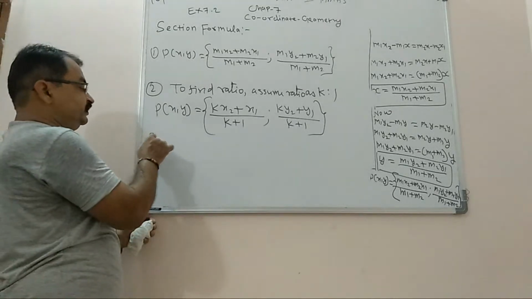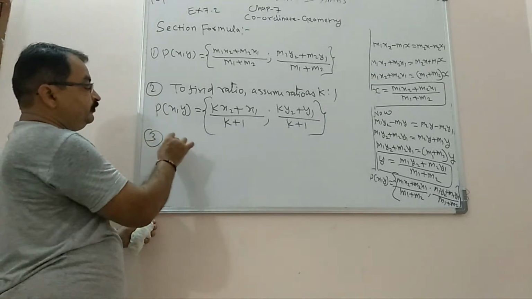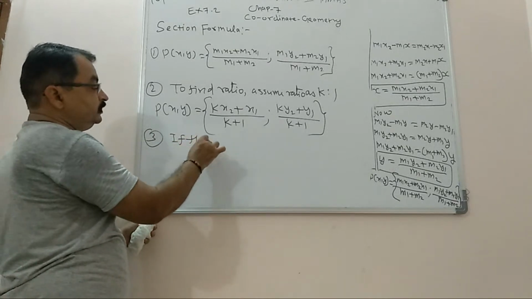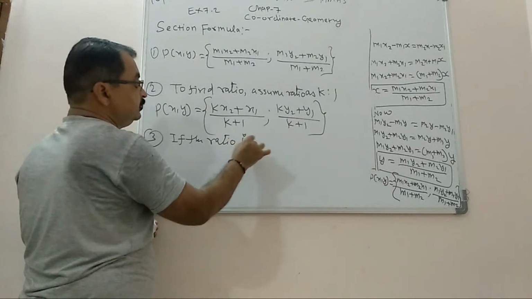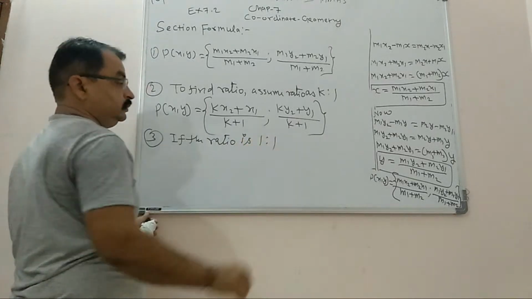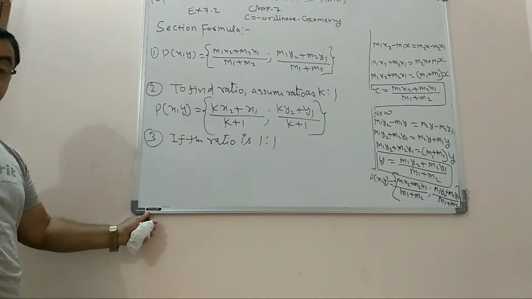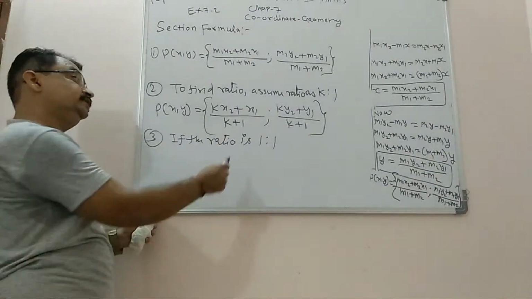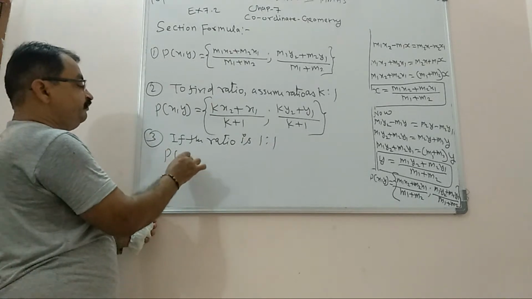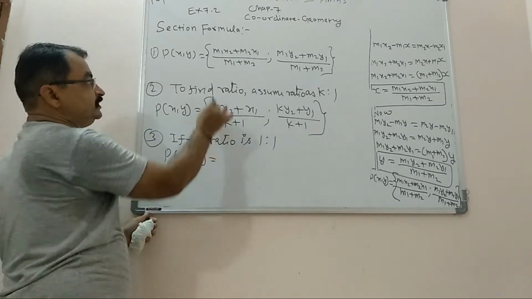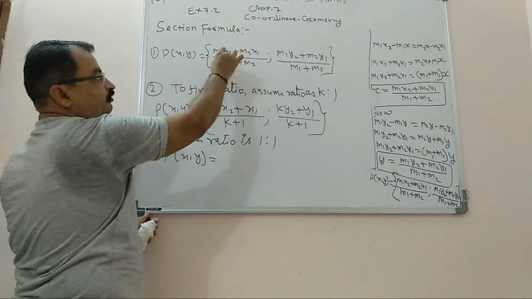One more modification. If the ratio is 1 raised to 1, that is, the m1 m2 value is 1 raised to 1. See, the same standard formula can be modified in a simpler manner. See, m1 m2 replaced by what? 1 and 1.